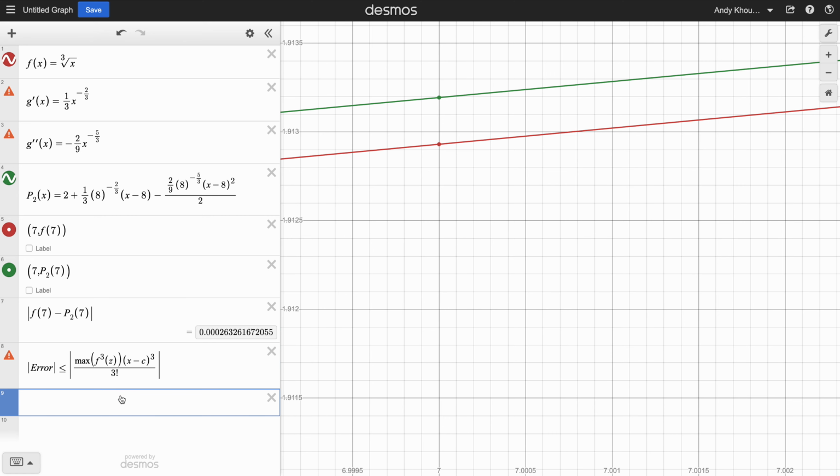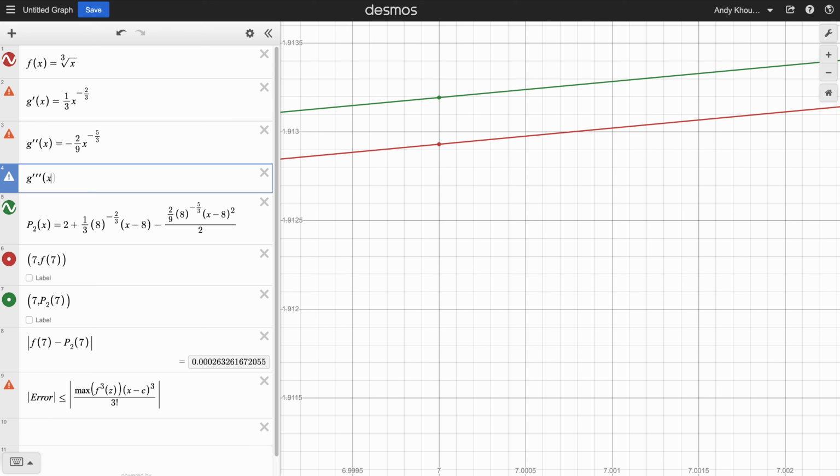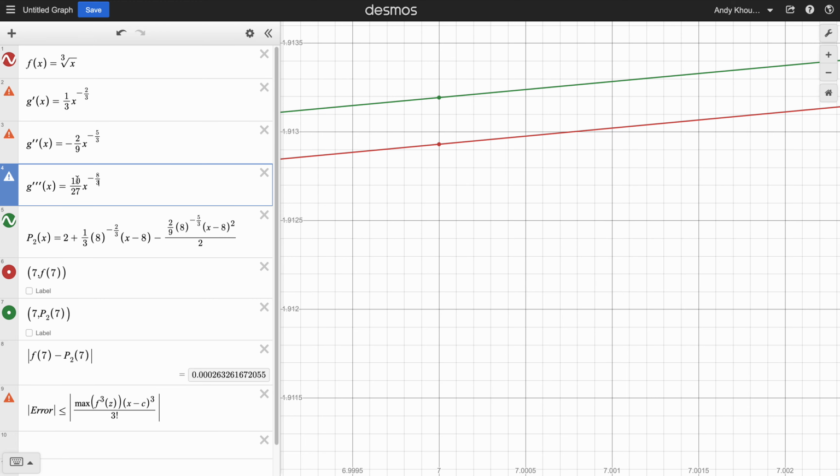Anyways, the 3rd derivative. So we are going to find out what the 3rd derivative is. And that is 10 over 27 x to the negative 8/3. Now, you'll realize that this is a decreasing function like we said this morning, and if it's a decreasing function, we are going to look at the lower value in terms of 7 and 8.